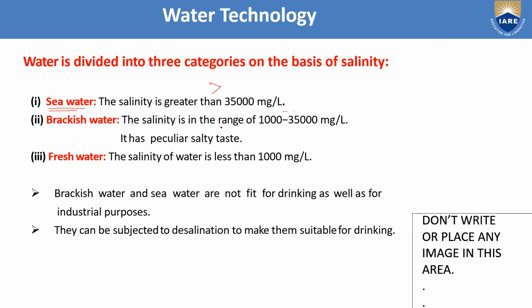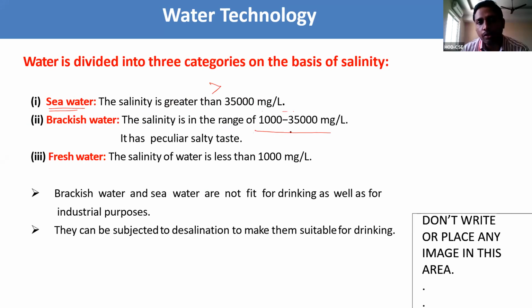In brackish water, the salinity ranges between 1,000 and 35,000 milligrams per liter, with a peculiar salty taste. Fresh water has salinity less than 1,000 milligrams per liter. That is the reason we do not use brackish water or seawater for drinking.